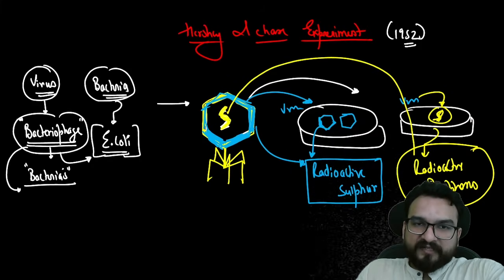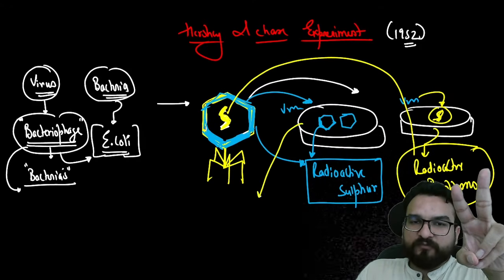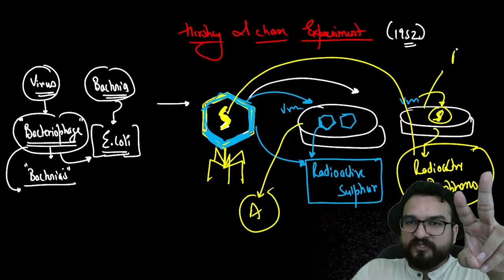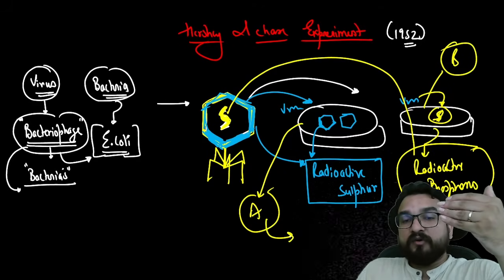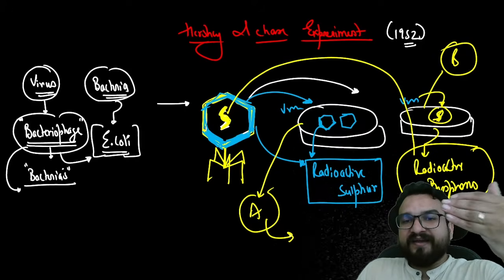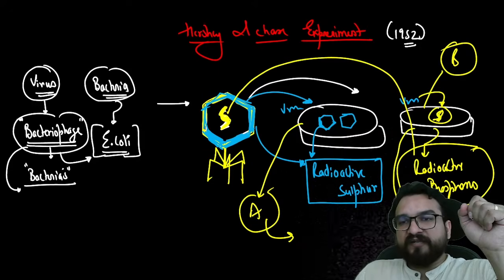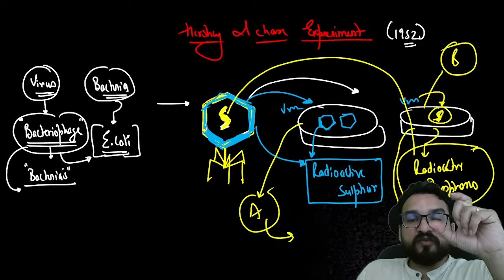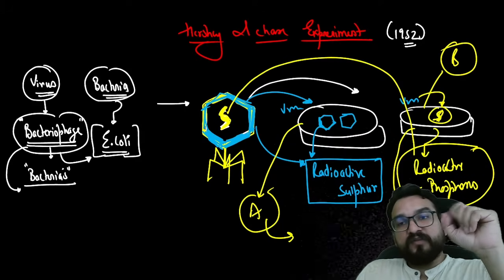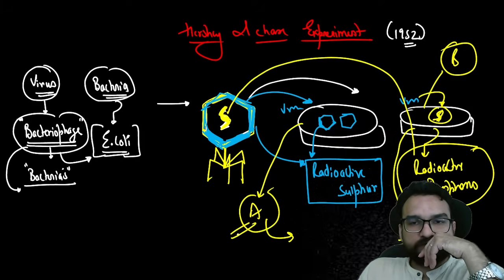What you will be finding is that now there are two types of viruses we are having, from this A culture and from this B culture. From A culture we have viruses that have a radioactive protein coat, whereas from B culture we have viruses which have radioactive phosphorus DNA. Different things over here: DNA radioactive, over here protein radioactive.